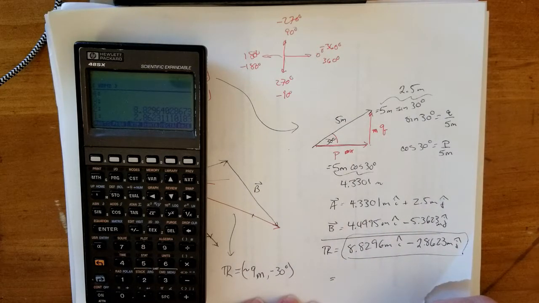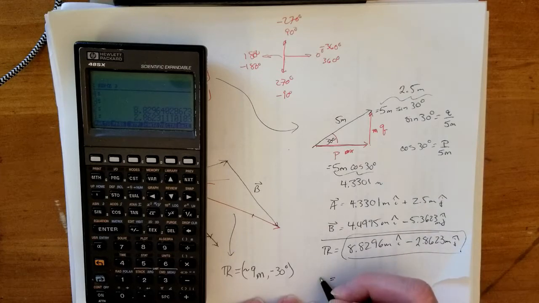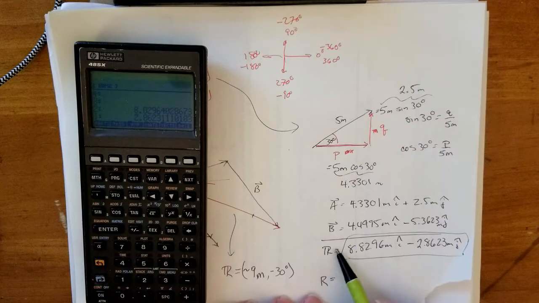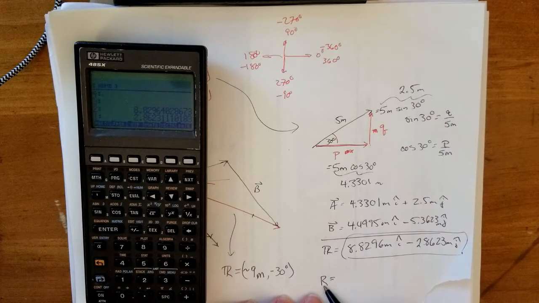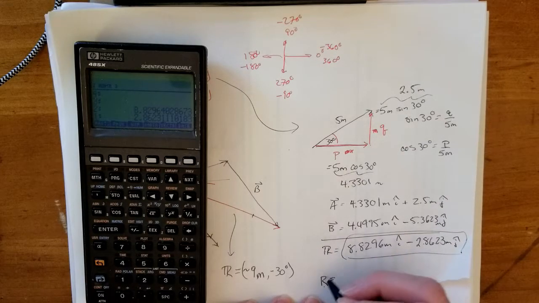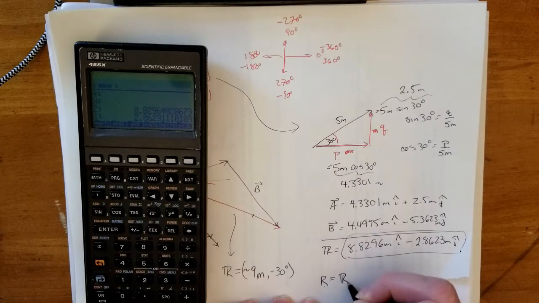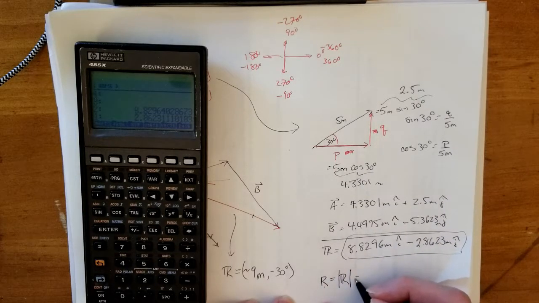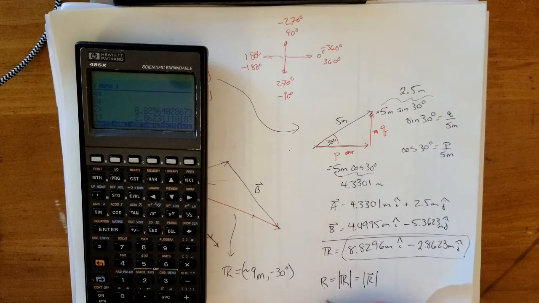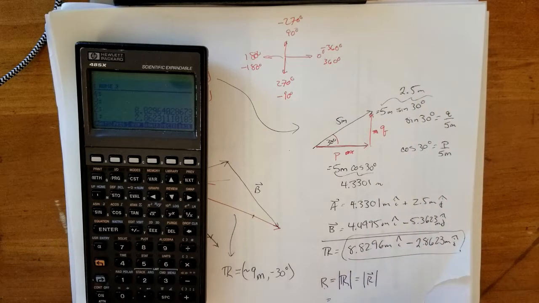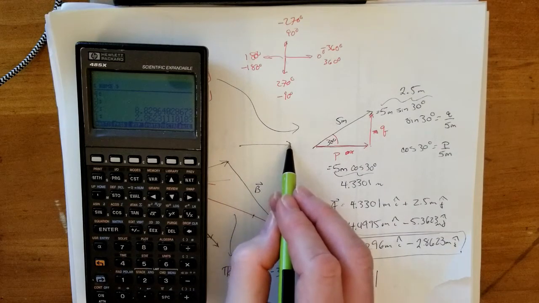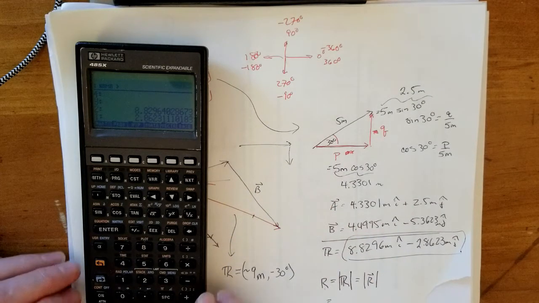So now to find the magnitude of the resultant, notice that this is the double prime indicating a vector. This is a single prime indicating not a vector, or I could put the absolute value symbols around it, or the magnitude. All of these mean the same thing. And so I just do Pythagorean theorem, because I'm going over a certain amount and down a certain amount.